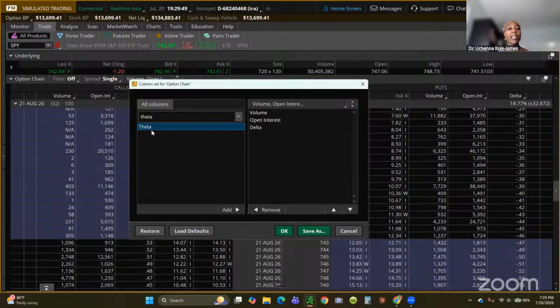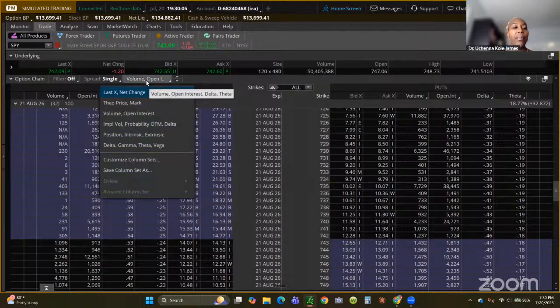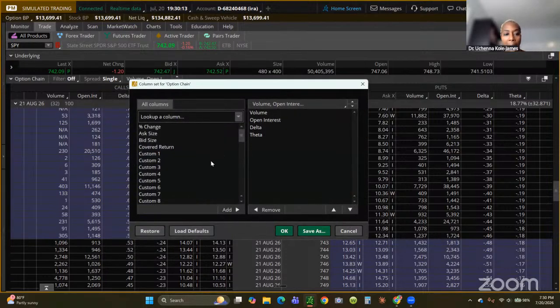So you go to theta or you type in whatever you want to add, you hit add. So now this is automatically going to show up on my option chain. So if you're ever confused on what to add or how much to add, just go into this drop down box right here. They already have some pre-populated ones for you. I usually go to the customize column set.